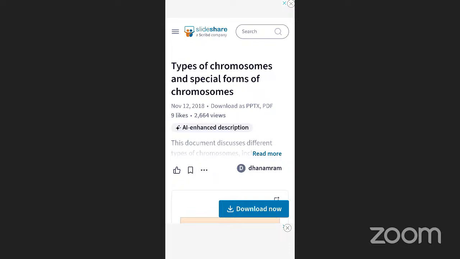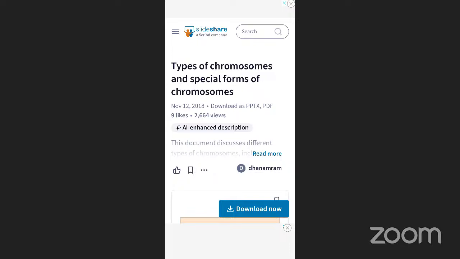So the DNA content of the haploid complement of the species is referred to as the genomic DNA. It is a smaller DNA. Next one, the bacterial DNA measures from 1.1 to 1.4 mm.